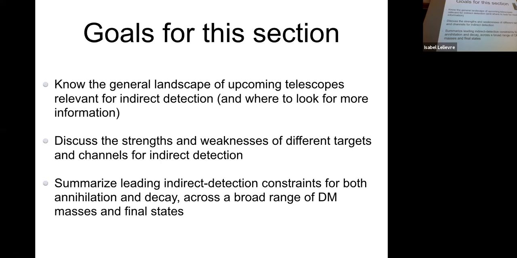This is a huge amount of information, like all of these telescopes have white papers. I'm not going to try to summarize all the properties of all these telescopes, but hopefully you will have the names so that you can look them up for information. I want to discuss the strengths and weaknesses of different targets and different channels for indirect detection. And I want you to have an idea of where the leading indirect detection constraints currently are for both annihilation and decay across a range of dark matter masses and final states.